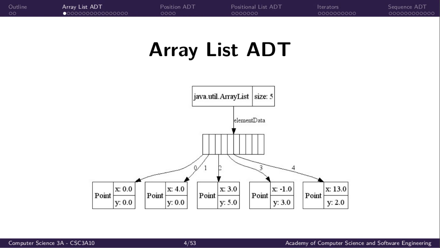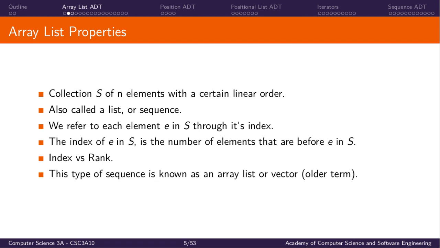So our array list ADT is simply going to add the concept of an index to that idea of a list. So we still have this collection of elements with a certain linear order. This can also be called a list or a sequence. We won't use the term sequence because there's a separate ADT that we call a sequence.